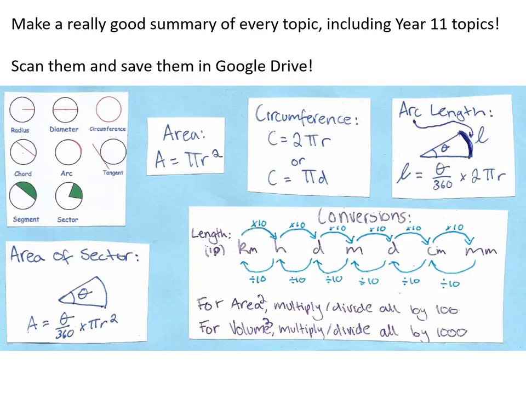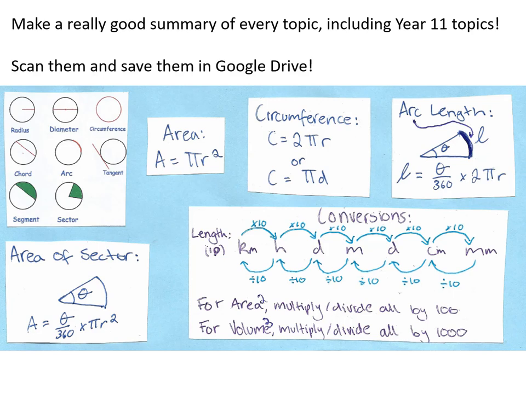There's plenty of things you could be doing even if you're in Year 11 or halfway through Year 12. For example, it would be a really good idea to make a summary of every topic as you finish each topic. You should be able to fit this onto 1 or 2 A4 pages.